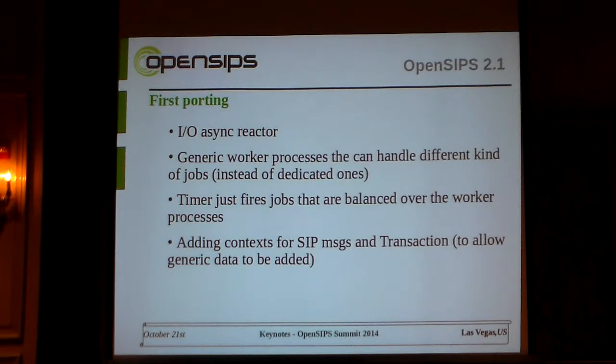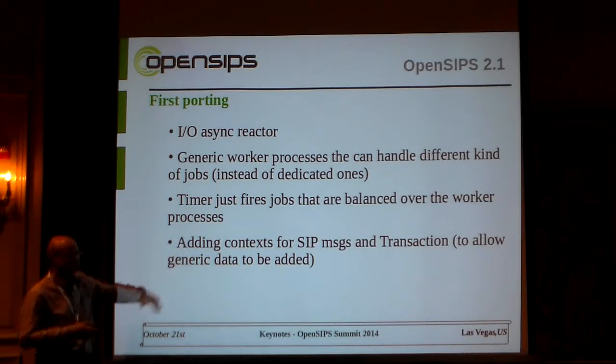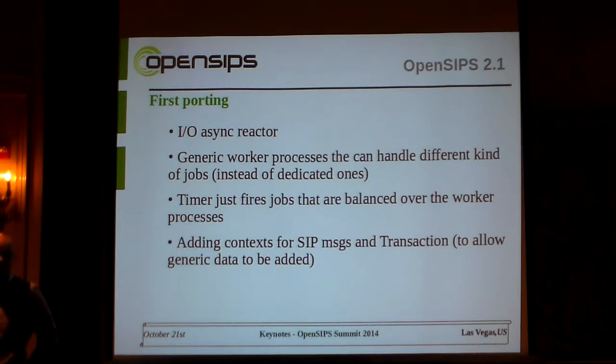So we had to rework the timers completely. Instead of having dedicated processes, we simplify the jobs to all the worker processes. And to be able to do more high-level features, we had to add the concept of a context to SIP messages and transactions. So basically to give different kinds of applications the liberty to attach custom data to SIP messages or transactions.